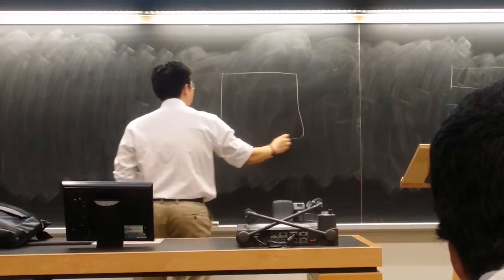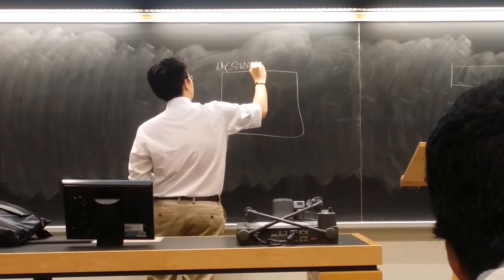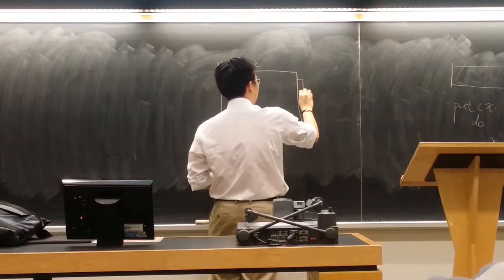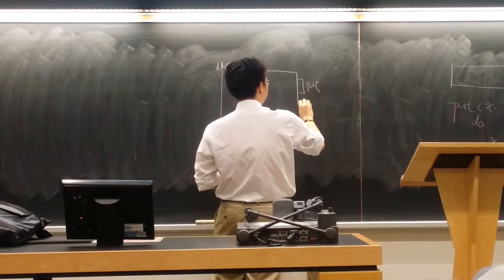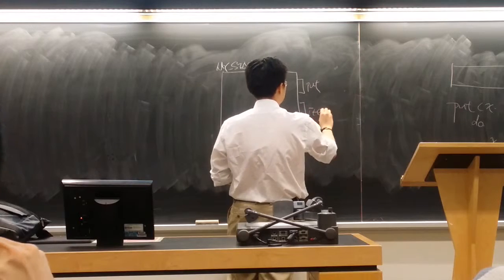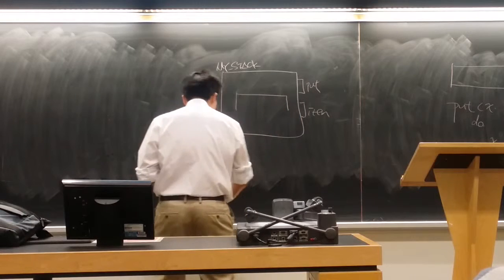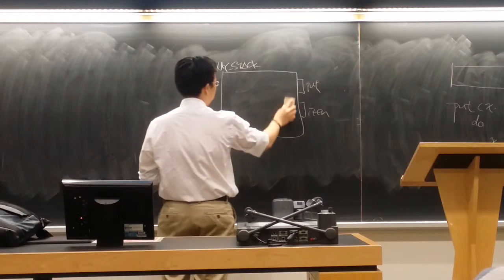Think of this as a black box for my stack. And you have the interface functions, like put, items, etc. Internally, as a sequence, you're actually implementing using a linked list.